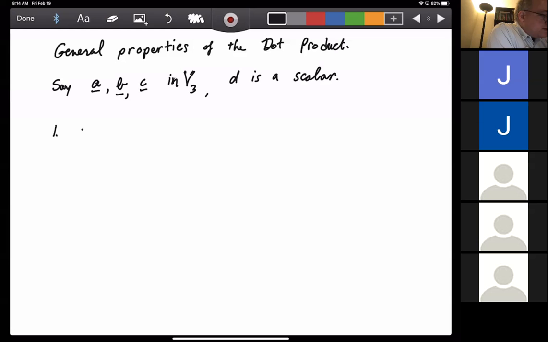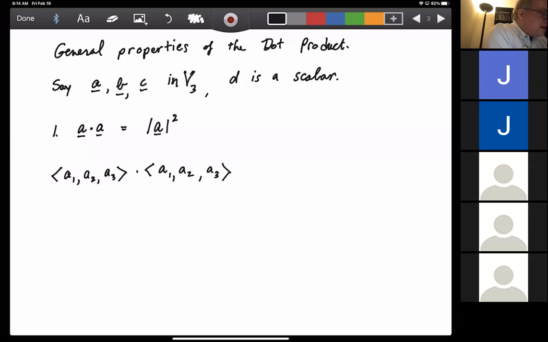The first property to note is that when I take the dot product of a vector with itself, what I really get is the square of the length of the vector. That's easy to see. If my vector A has components A1, A2, A3, and I take the dot product of the vector with itself, what I get is the sum of the squares of the components of the vector.